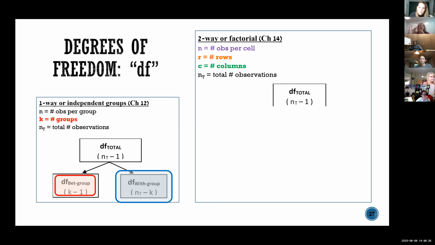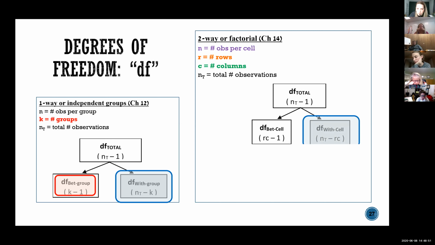All right. Let's see if we can figure it out when we have some more complication going on. We're going to reveal the degrees of freedom tree for a two-way ANOVA. The first thing we start with, total degrees of freedom, is still total sample size minus 1. Remember, when we do a split, the 2 halves have to add up to the whole above it. So that can help us. First we split within cells and between cells.